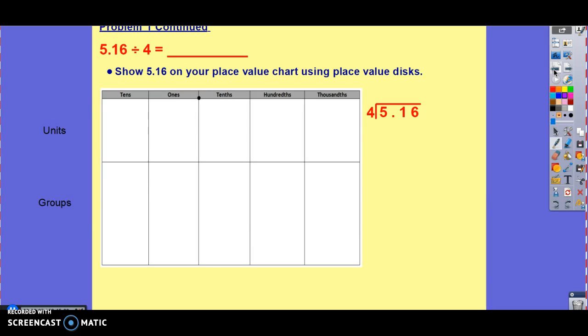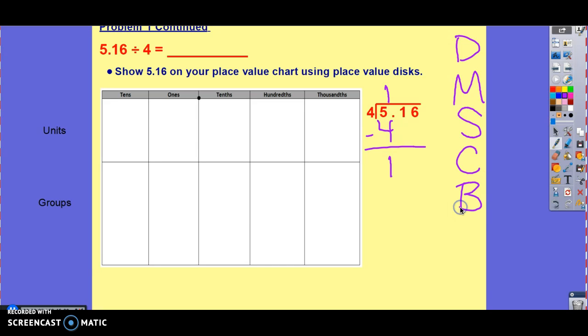I'm going to divide first into the ones place, so 4 will go into 5 one time. 1 times 4, so we're multiplying, is 4. We're going to subtract. 5 minus 4 is going to give us 1. We check to make sure the 1 is smaller than the outside number. There's a 4 there, so yes, we are smaller. Then we're going to bring down the next digit. We're now dividing 4 into 11.